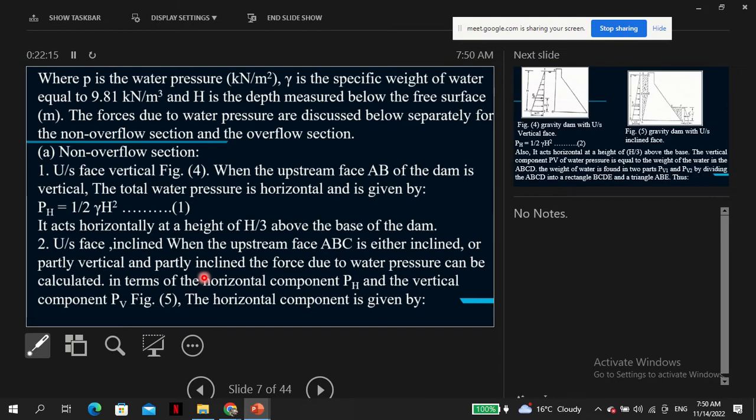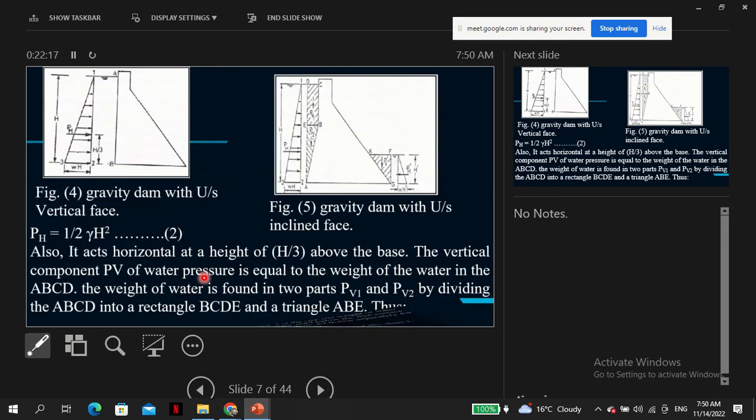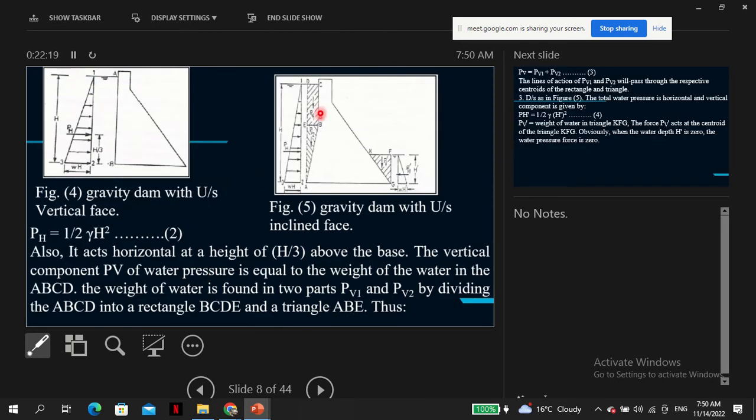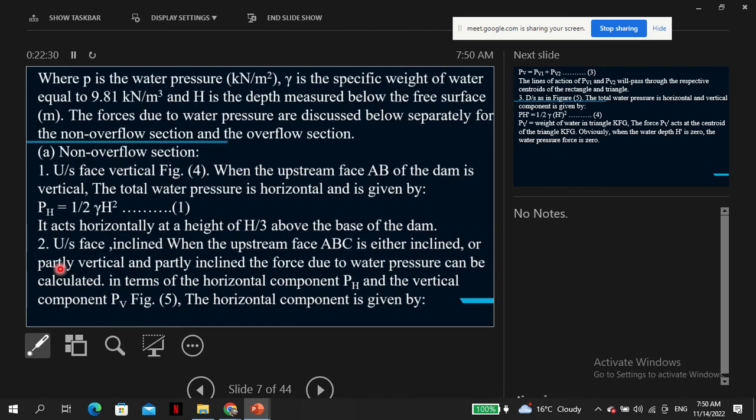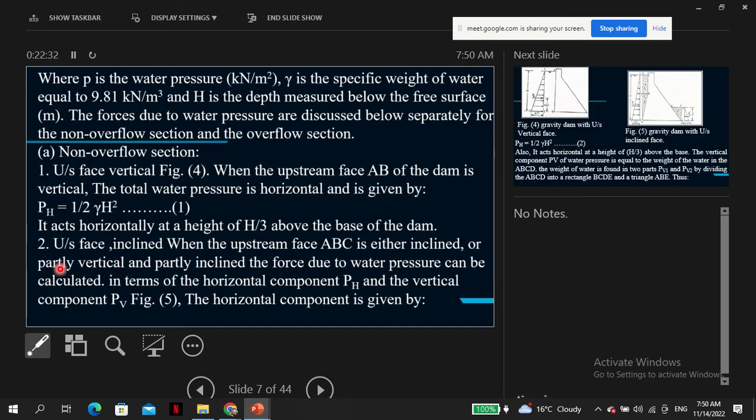So if that is the case, we can get the PV, this part, in terms of the horizontal component PH and the vertical component PV.